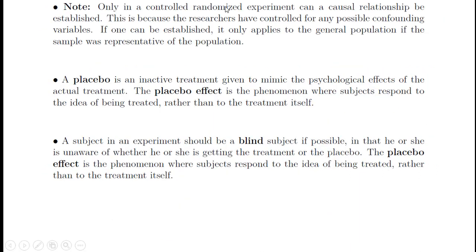So, and here's that note, I'm coming back to this again. Only in a controlled randomized experiment can a causal relationship be established, okay? And the reason is that if you have truly made it so that there was random assignment to the treatment group and control group, that means their makeup should be reasonably the same, essentially, in terms of being representative of the population.